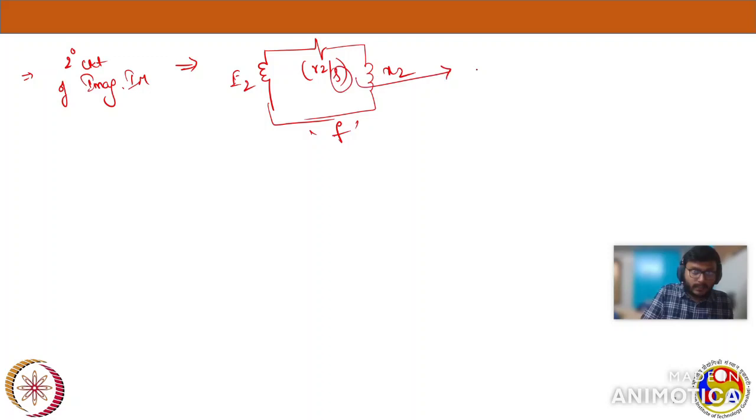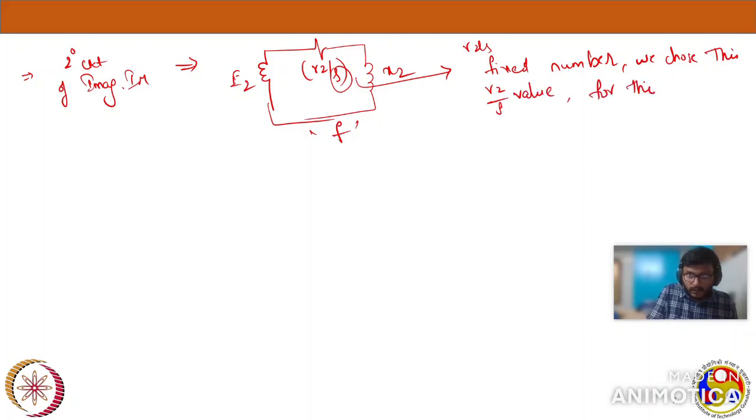I'm writing it separately here. So this R2 by S is a fixed number, which we chose for this standstill motor.